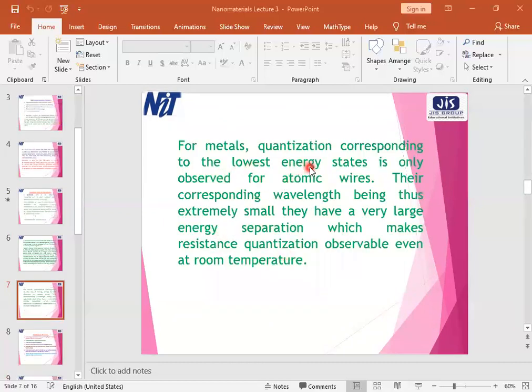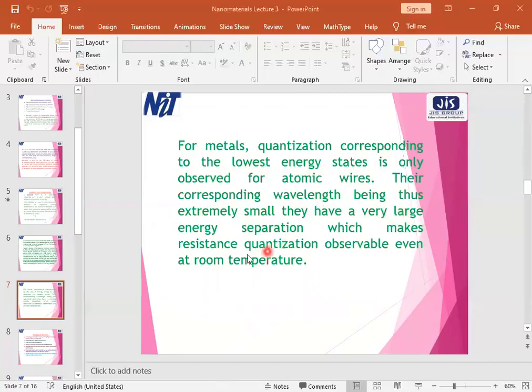So from metals, quantization corresponding to the lowest energy state is only observed for atomic wires, their corresponding wavelength being thus extremely small. You see, their corresponding wavelength will be comparable to the diameter because of the quantum confinement.